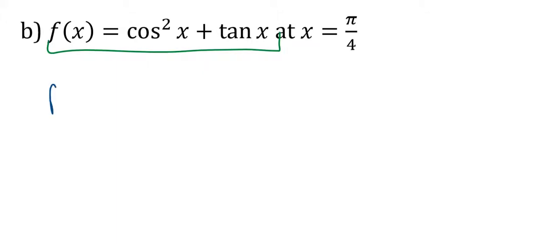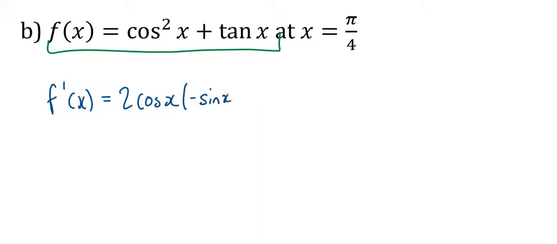I'm going to take the derivative first. Again, we have to do the exponent first. Then times the derivative of what's inside, or the derivative of the trig part, sorry.